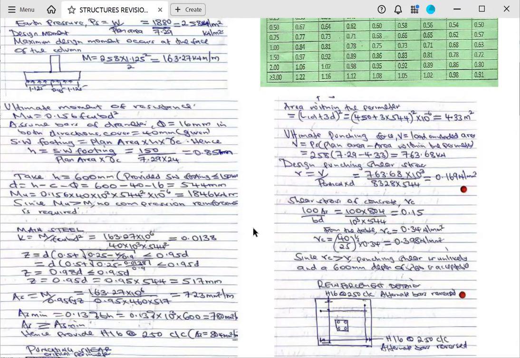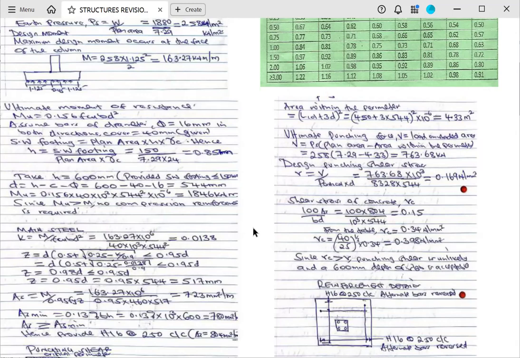But remember, for Fy equivalent to 460 Newton per millimeter square, the minimum area should be 0.13% of BH. Remember when they say 0.13%, it means 0.13 over 100 times B, which is 1000 millimeter or 1 meter, times H, which is 600, we get 780 millimeter square per meter.